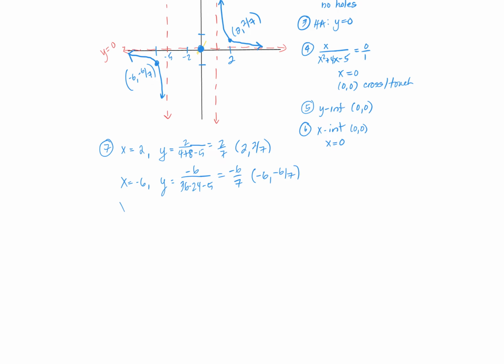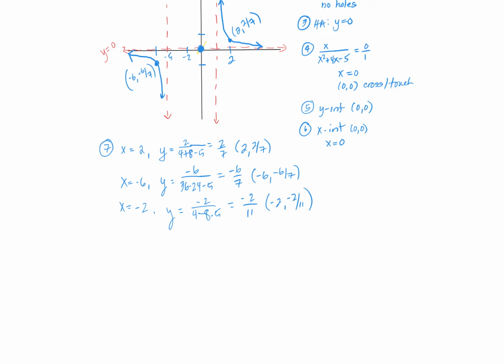So if x is equal to -2, I'm going to have a y value of -2 over 4 minus 8 minus 5, which would give me -2 over 11. I think, double check me on that.